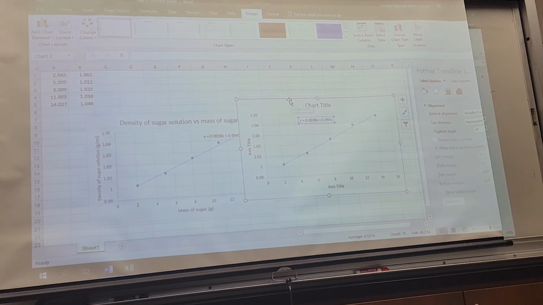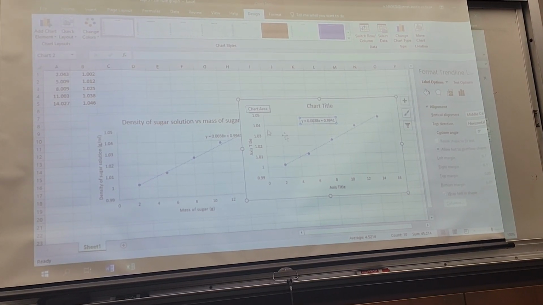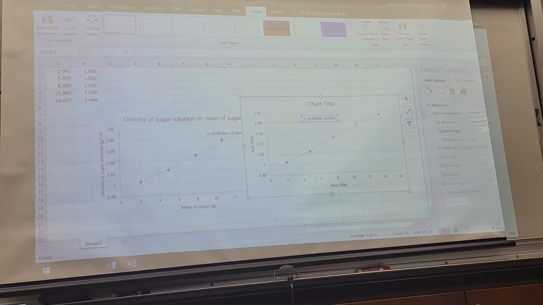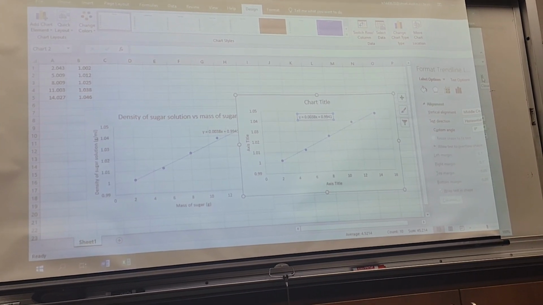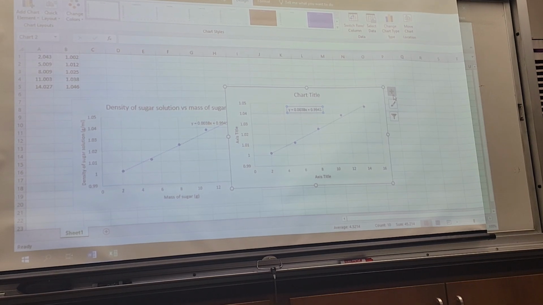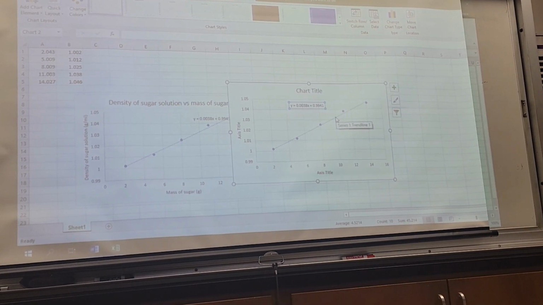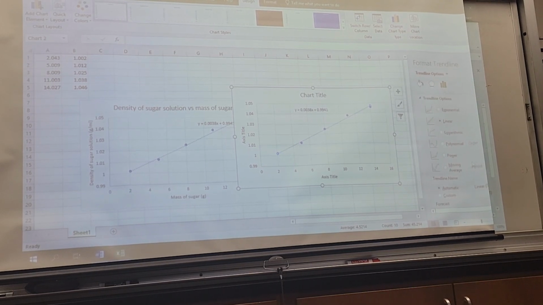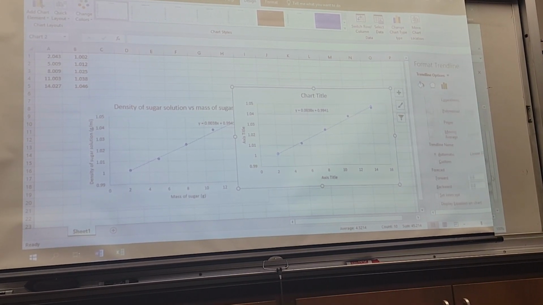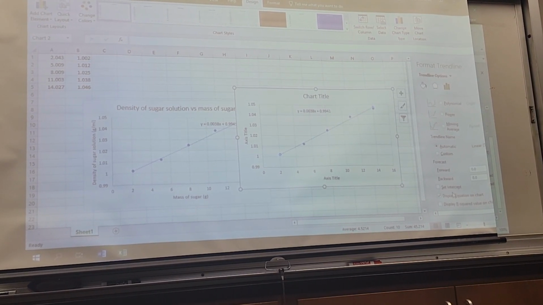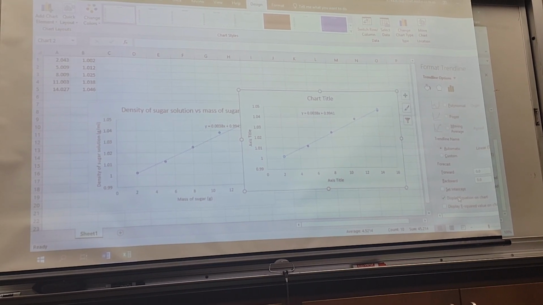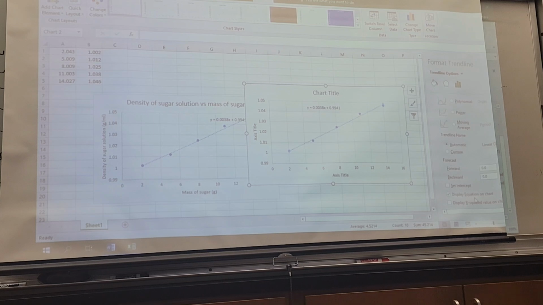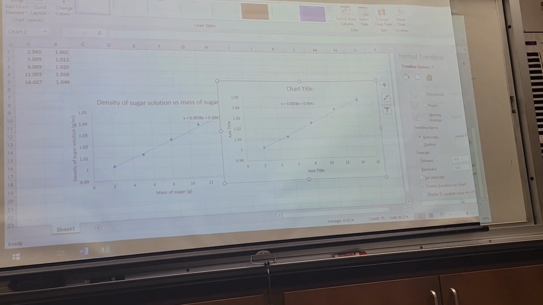You said you right click and then what? You right click and then you get this. Okay, what happened here? Let me do it again. So you right click here and then choose format trend line, and on this side you see there are 3 things: set intercept, display equation on chart, which is what we want, and the last one, display R squared value on chart.